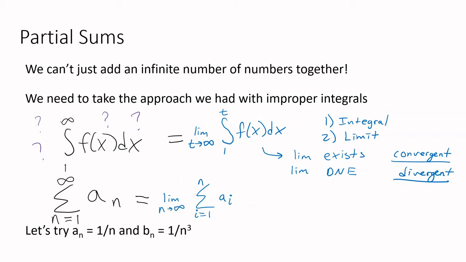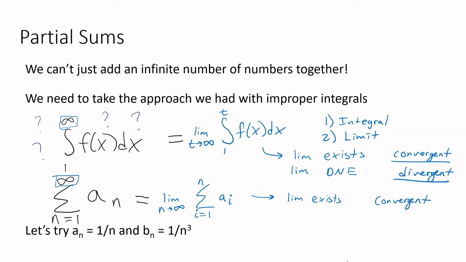So I'm, again, just taking this harder problem with this infinity as a bound, and instead of dealing with that, I'm saying I can just deal with the finite case and then let the finite case grow and grow and grow and then see what happens. And what we're going to end up seeing is that there's two scenarios here. If the limit exists, we're going to call it convergent.